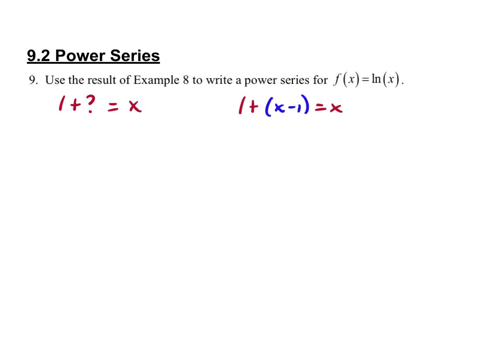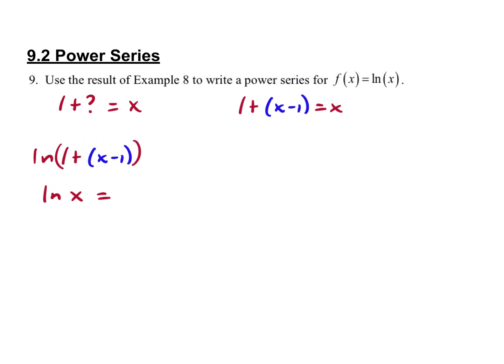And so what I can do now, in the last problem, I had it as natural log of 1 plus x. What we're going to call our x now is this x minus 1. So we're just going to substitute that in from the last problem. It's going to end up looking like this. So this is the form that we used on the last problem.